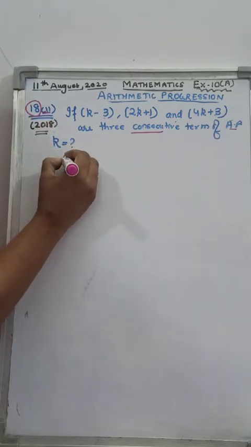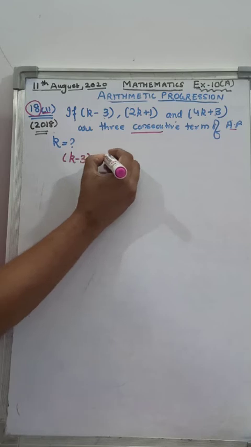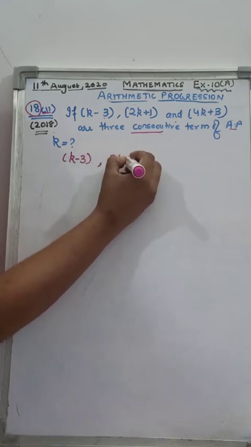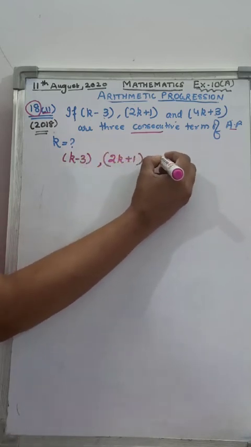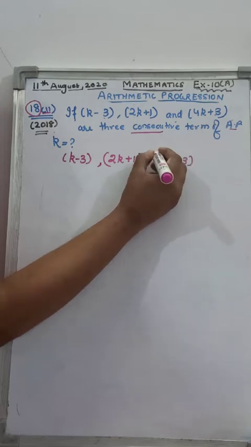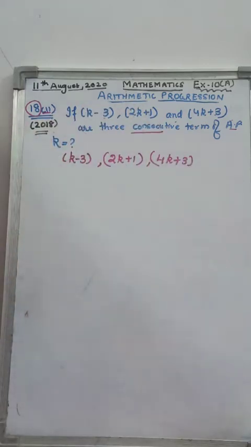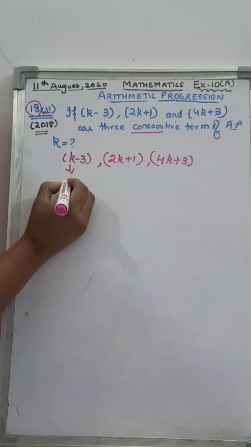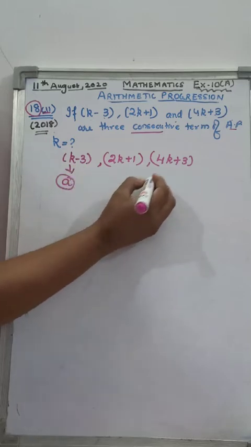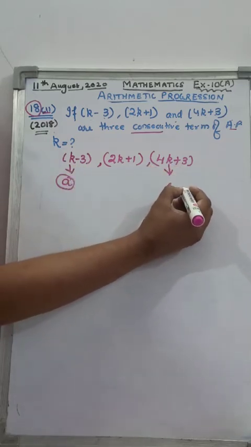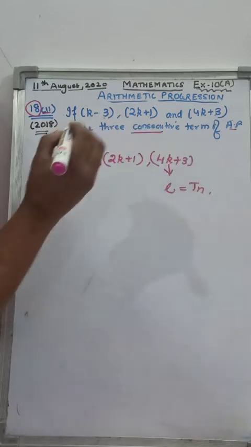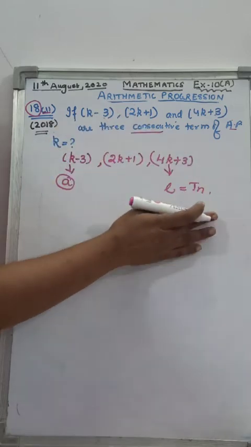So let's write the series: k minus 3, 2k plus 1, then next is 4k plus 3. So these are the terms in AP. This is your first term A, this is your last term n or Tn.